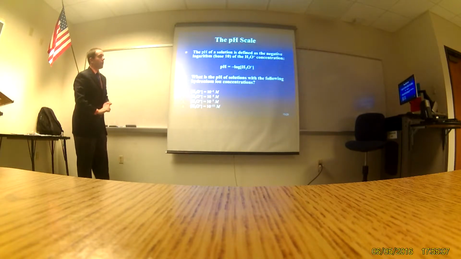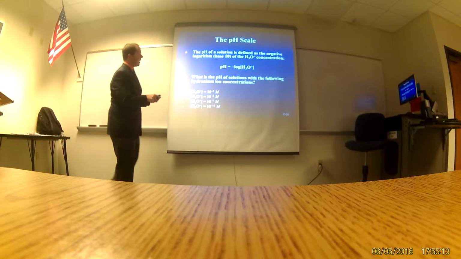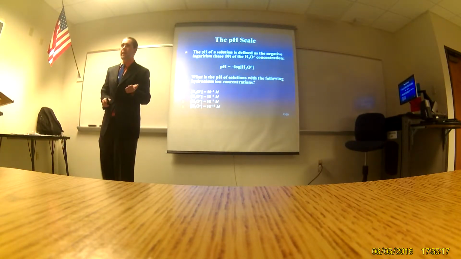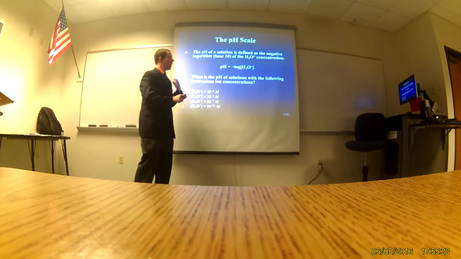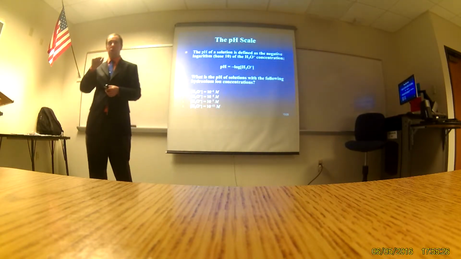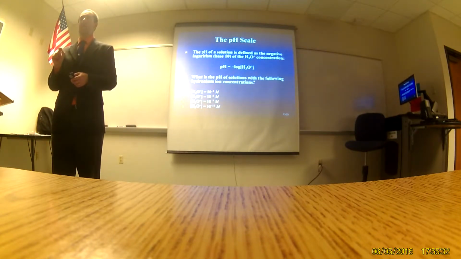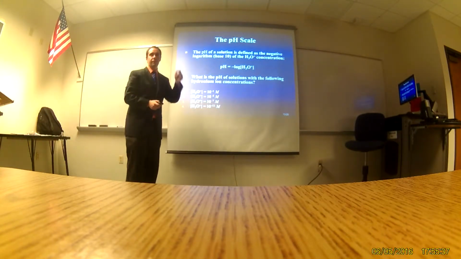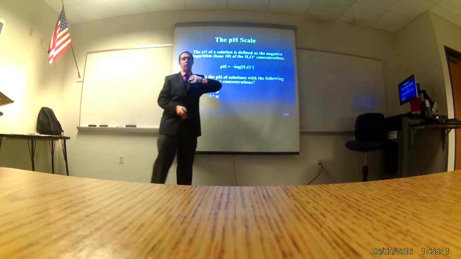So if we want to calculate the pH of a solution, we take the negative log of the hydronium ion concentration. Don't forget the negative. And make sure you are using log, not natural log. On your calculator, it should say log. Natural log is just ln. If you use natural log, it's going to give you the completely wrong answer. So you go negative log of the hydronium ion concentration.